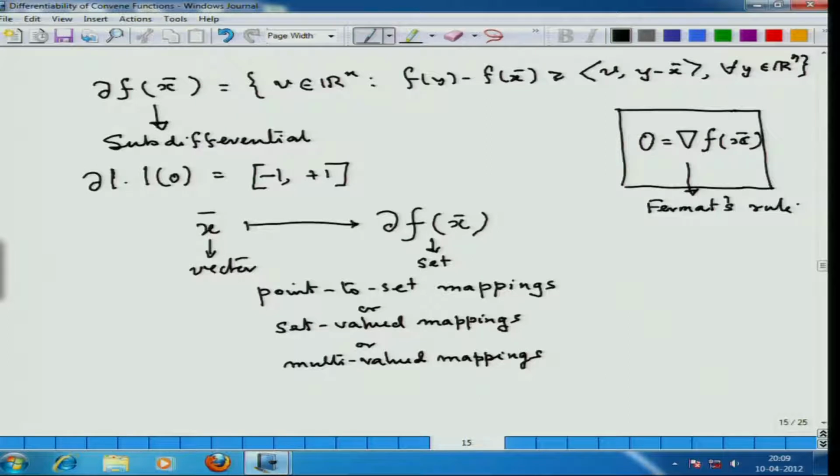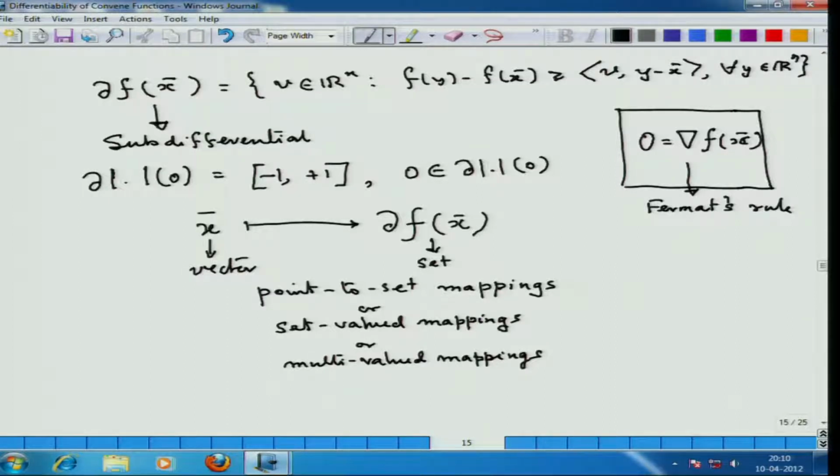So, if I am trying to figure out the subdifferential at a point of minimization like this particular case, then 0 somewhere must be lurking inside this subdifferential, and here we are observing that 0 is in it, which means that this is a true extension of the gradient at the point of non-differentiability for a convex function.